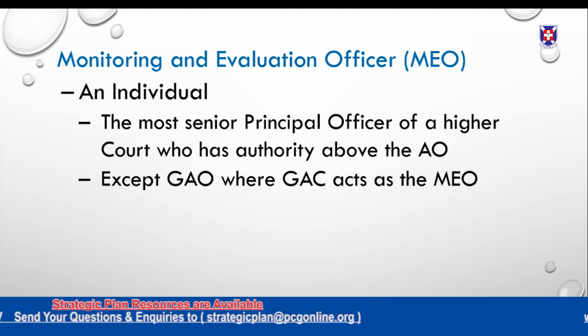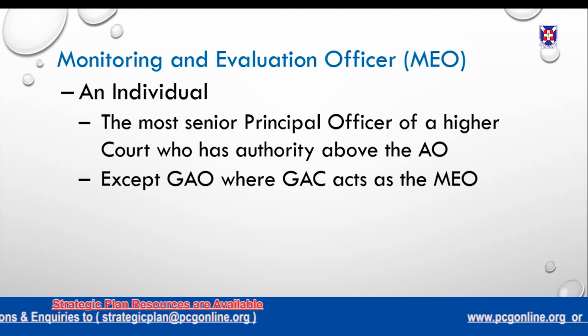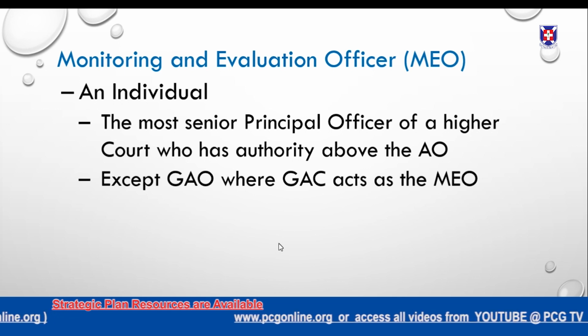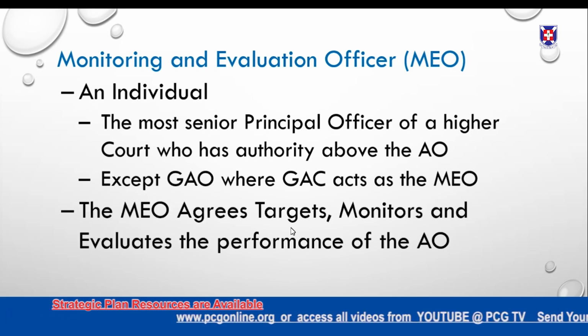And again, like we said, except at the GAO, where the GAC as a body acts as the MEO. But in all the other cases, the MEO is an individual.